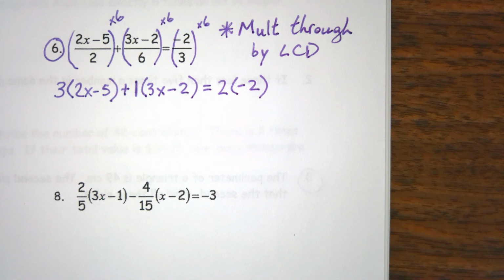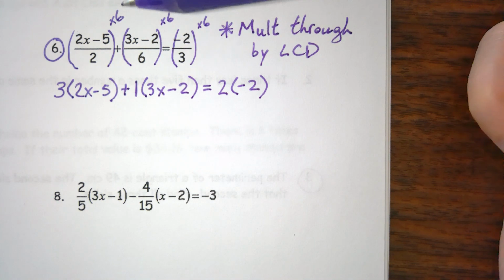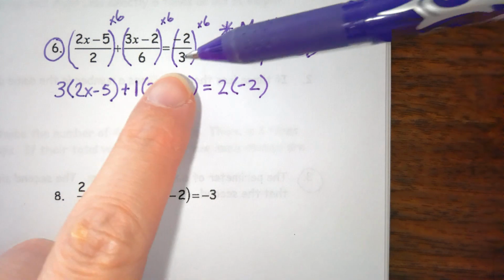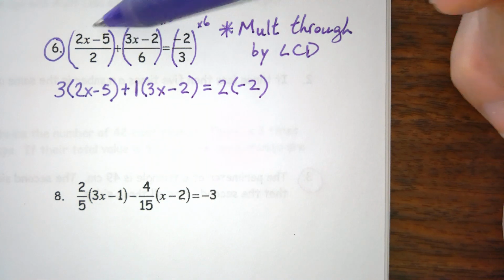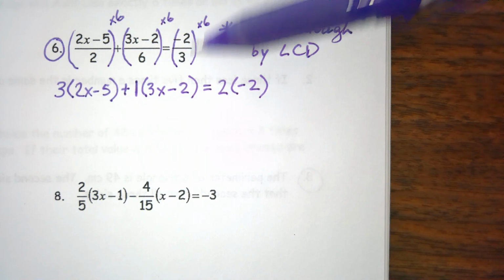Alright, so I'll explain this step again in case some of you are lost. Between 2, 6, and 3, my lowest common denominator is 6. So I'm going to multiply each of my terms by 6.